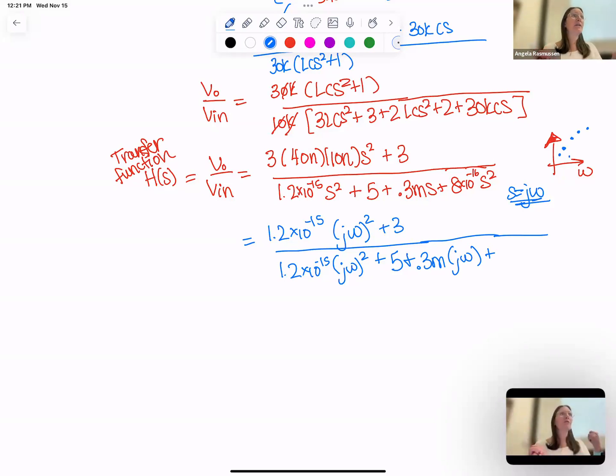I can either use MATLAB to plot this, or anything else where I can put in a whole range of omega, and then find the value for each one. That's kind of a tedious thing to do, so usually MATLAB's easier.